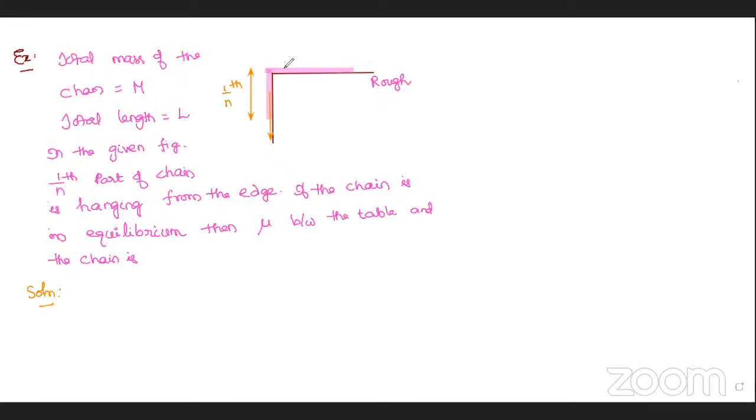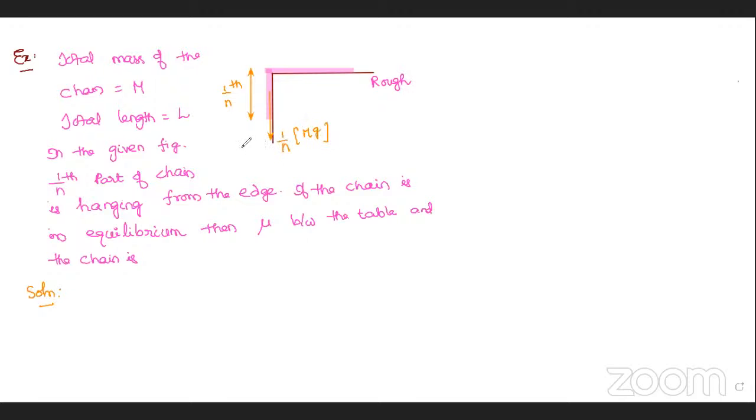Am I right? Why? Because the rest of the part is on the table. This part's mass is not the total mass. In the total mass, this is the 1 by nth part. So the weight of this one, shall I write it as 1 by nth of the total weight?